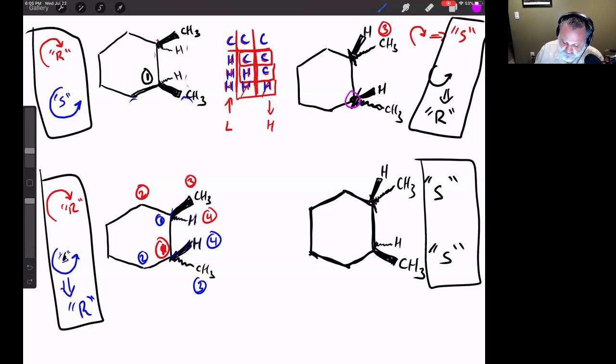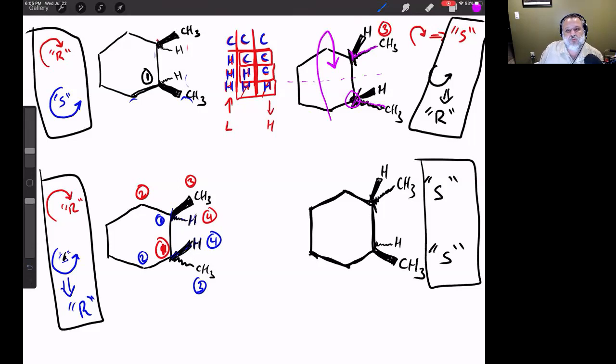Well, if I turn it upside down along this axis, then this carbon, that is the CH3 group that is currently pointing down, would end up pointing towards us. And this CH3 group that is currently pointing down would end up pointing towards us.